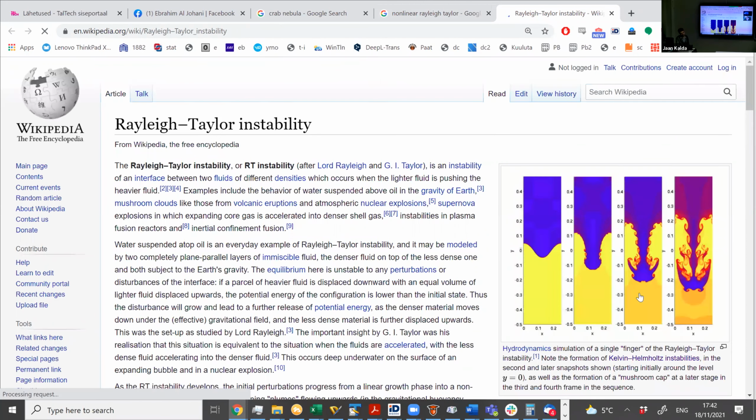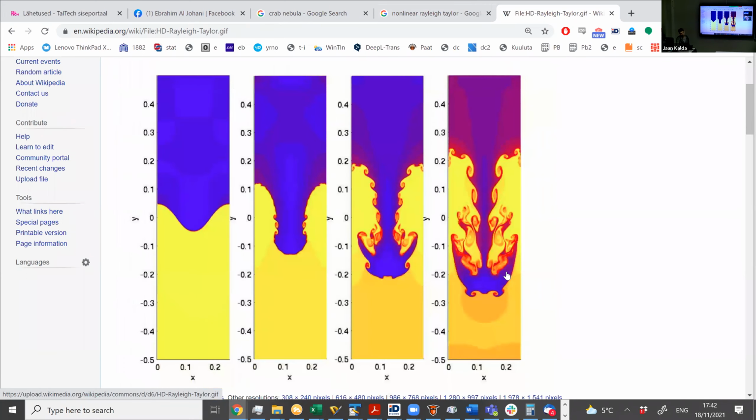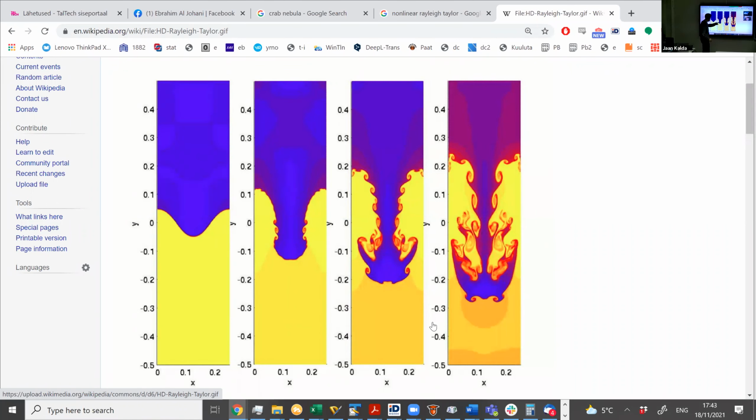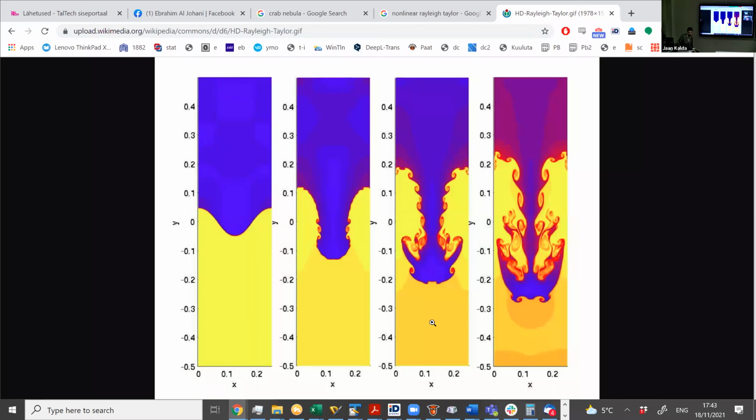So it starts, a simple blob starts going, and then later on, as you can see here, what will be happening? You have combined Rayleigh-Taylor and Kelvin-Helmholtz because over here now, yeah. Oops. Let me copy this and put it to the whiteboard, and I can make markings over there.